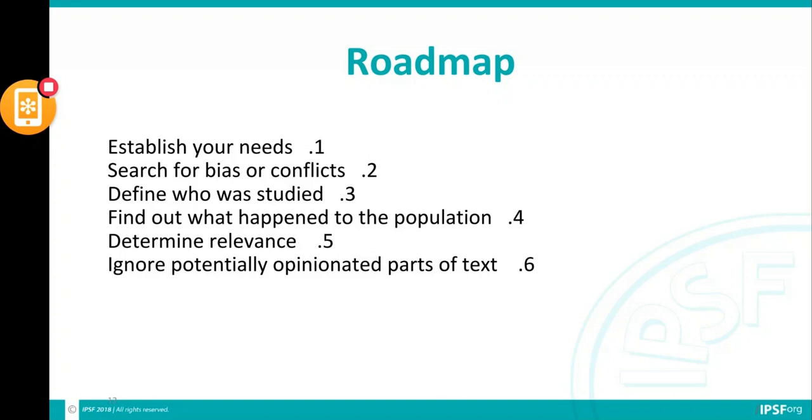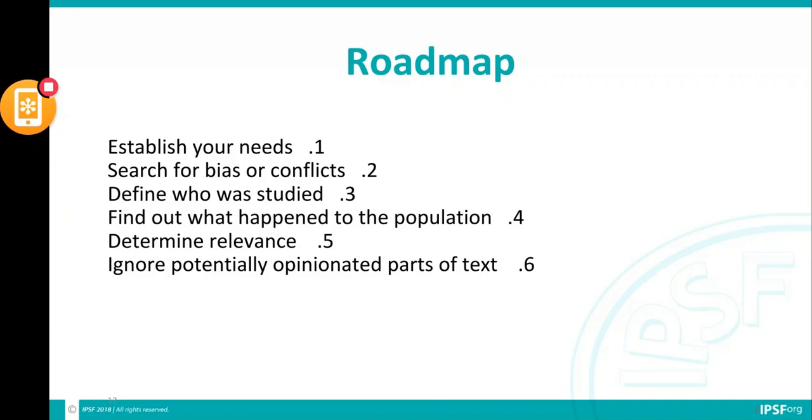So if you're talking about hypertension and some of those organ consequences of hypertension, it might not be as useful to look at pediatric or children populations when you know that the most affected populations by hypertension are those who are a little bit older. So you want to make sure you know who's being studied, and that's something right away that you can pick out to determine if it's going to be useful or not.